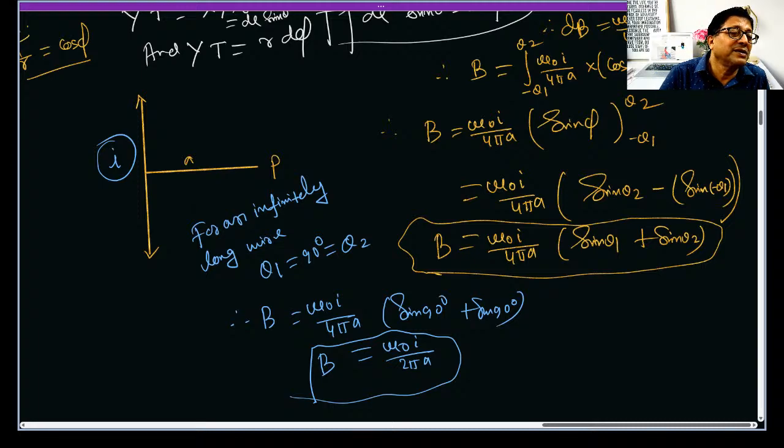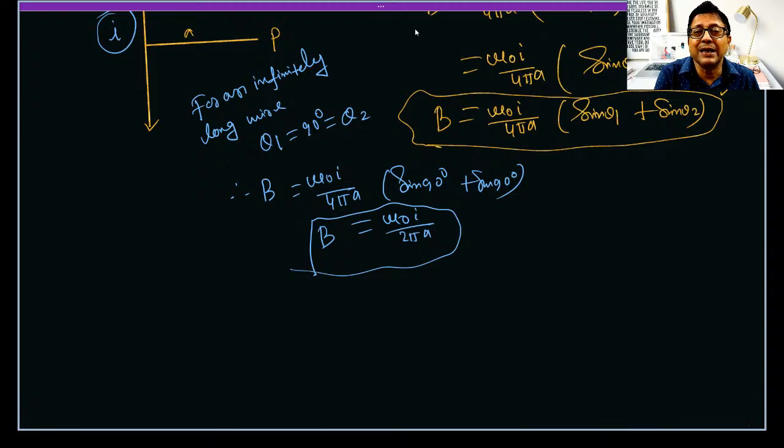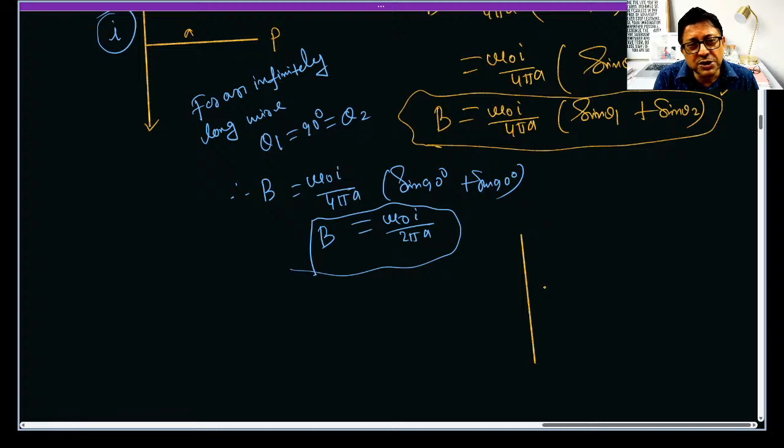This P is arbitrary. It is not at one end of the wire, but P may lie at the end of the wire also. This is an infinitely long wire XY, but X is fixed, Y is not fixed. P lies here. Can you tell me the value of the magnetic field at P if this length is a? Same length, only P corresponds with the extremity of the wire.